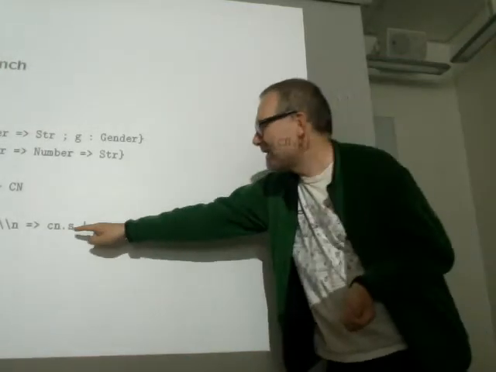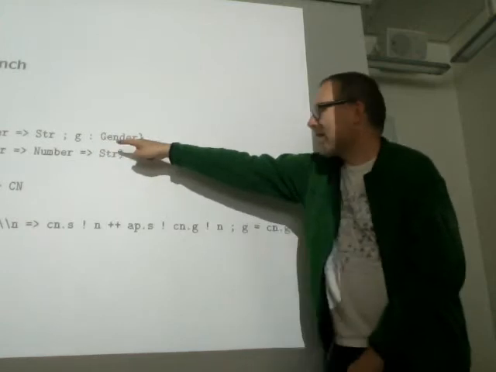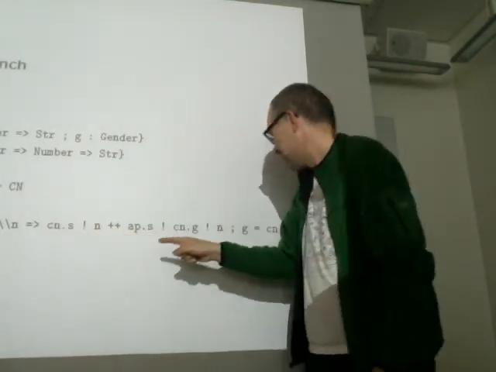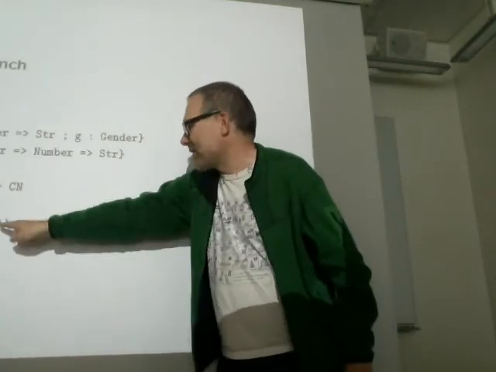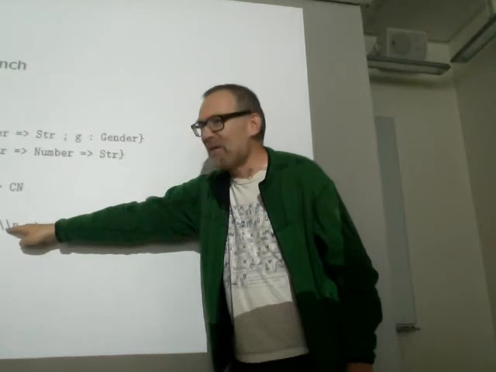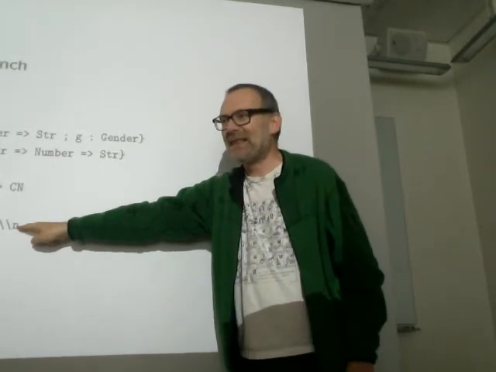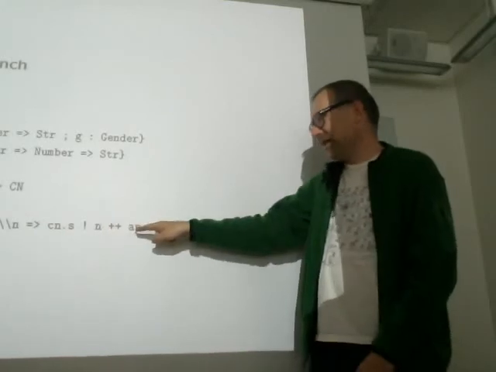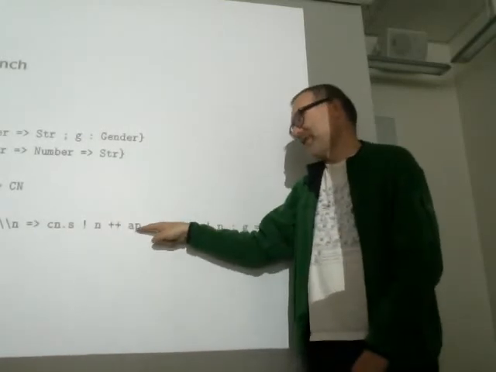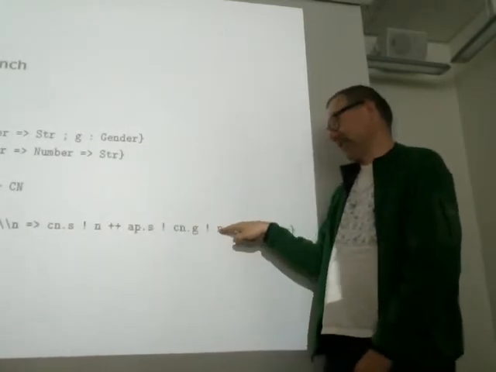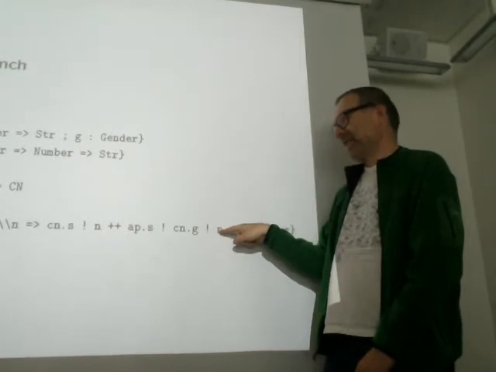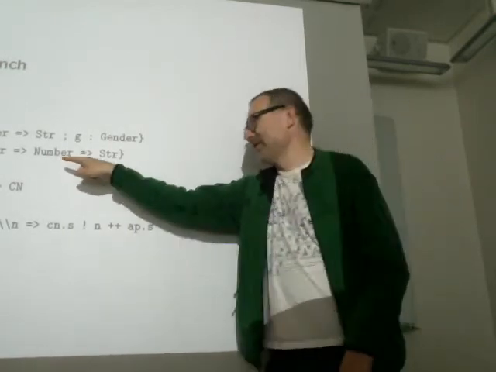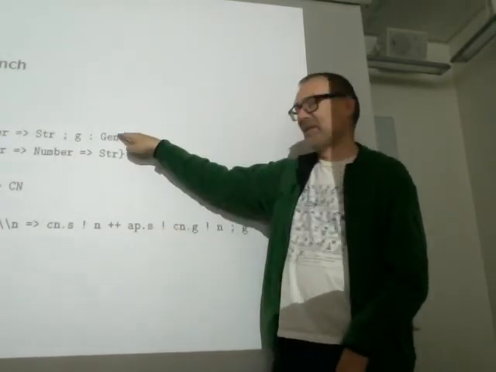And how you do it is that, well, you expect to have a table which depends on number. So this is just the parameter now, so it's a kind of lambda binding here. And you pass it to the noun, which you put before the adjectival phrase, and you pass it also to the adjectival phrase, but the adjective also expects a gender, but this you get from the noun.